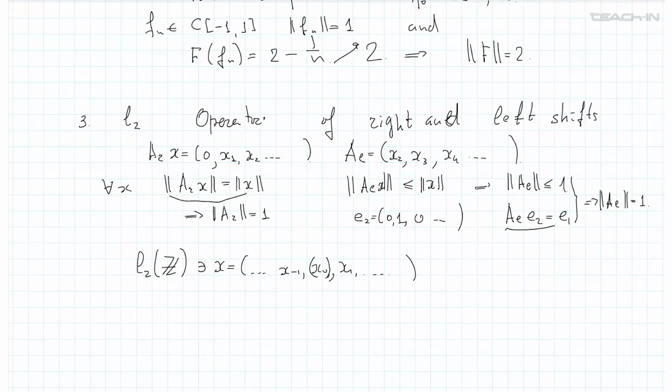Without these brackets, you can't understand whether we shift our sequence or not. For example, the operator of the shift to the right acts as follows. All our sequence moves to the right. On the center place, we take this coordinate, x0 goes to the right, and from the left we obtain here the corresponding coordinate.